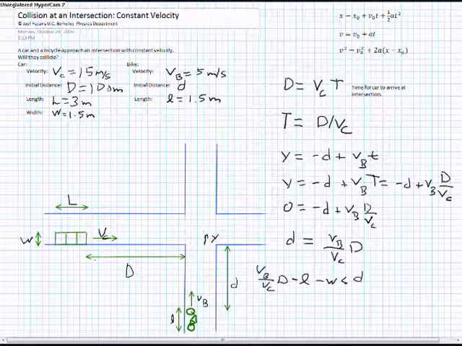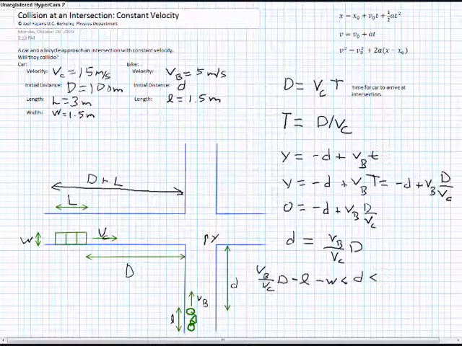The rear bumper starts a distance capital D plus capital L away from the intersection. And we'll know that the car will clear the intersection if we just substitute D plus L for D in this equation over here.